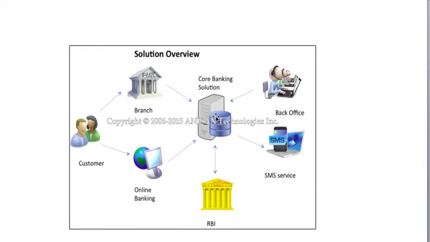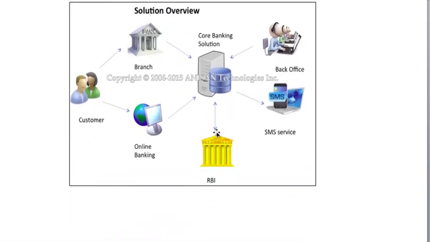The core banking solution also sends SMS or text messages to customers for secure transactions or notifications as necessary. Then the core banking solution also supports the back office, the customer service executives, I mean customer service support. So they interact with the core banking solution.